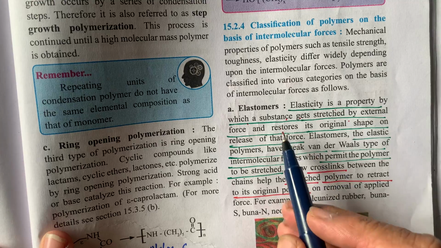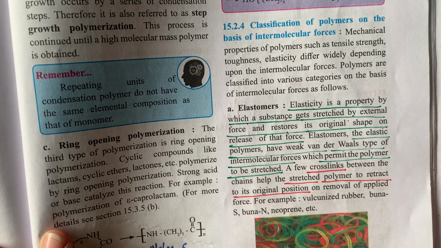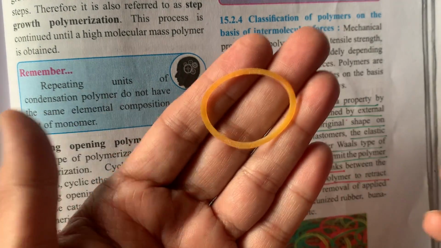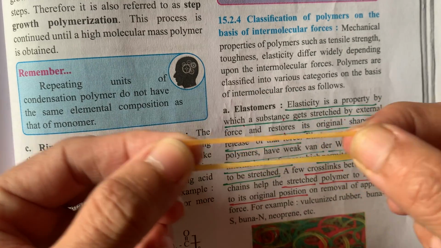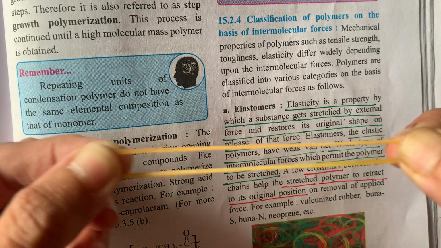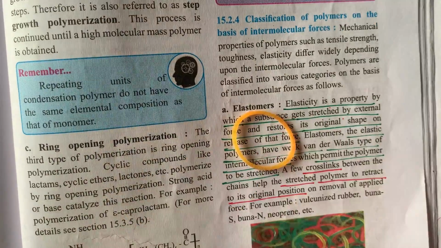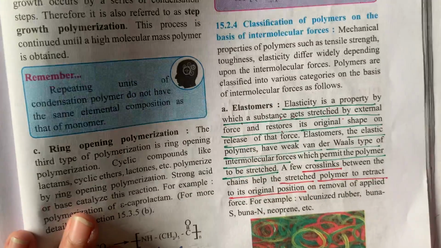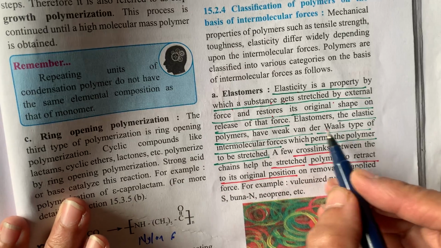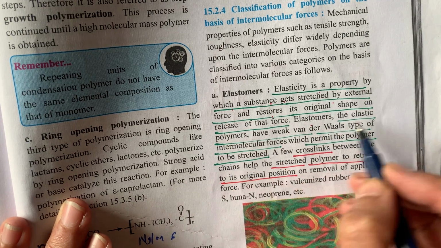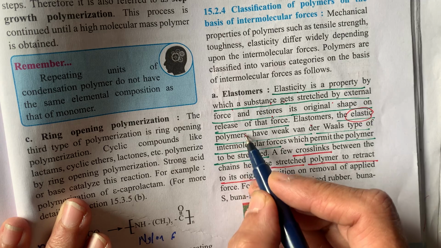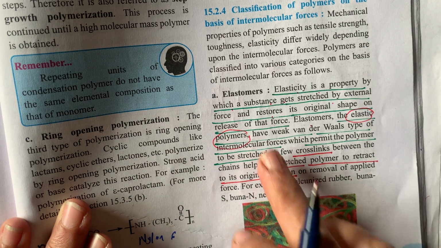Okay, and it restores its original shape. When I apply external force it is stretched in this way, and again it restores its original shape. So these elastomers are known as elastic polymers.